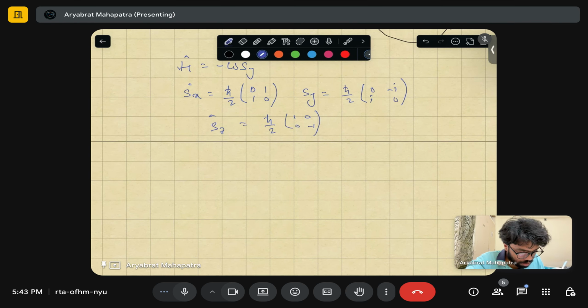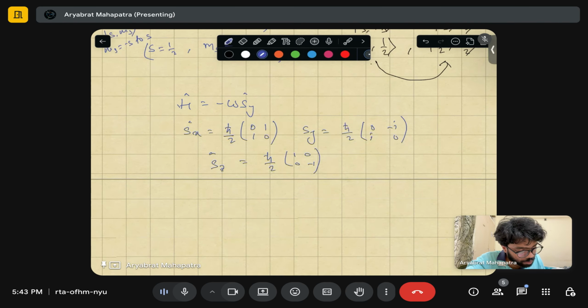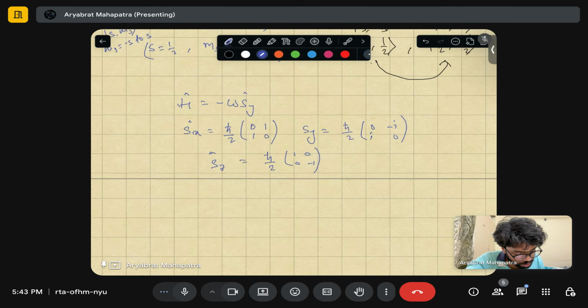So if you calculate the eigenstate of this Sz, then you will find that the eigenvalues would be either ħ/2 or minus ħ/2. We will get two eigenvalues corresponding to two eigenstates.